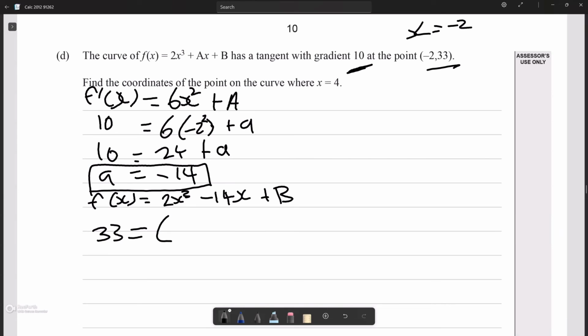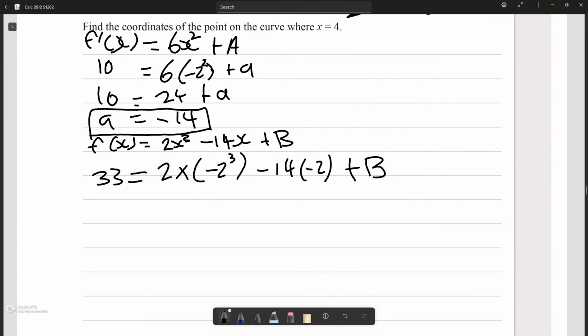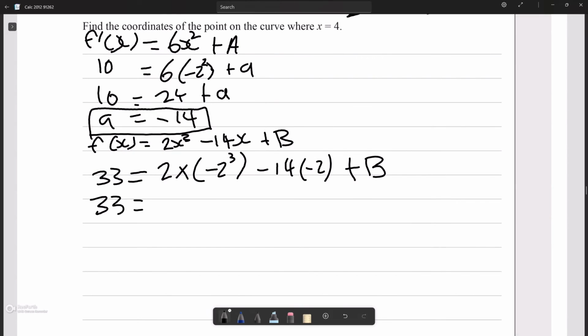So 33 is equal to 2 times bracket -2 cubed minus 14 times -2 plus b. 33 is equal to 2 times -8 plus 28 plus b.